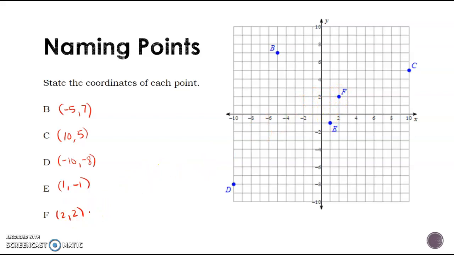And so just remember, your x value comes first. Our x-axis is always the left to right axis, and our y-axis is always the up and down axis. So you want to see how far left or right your point went first, and then where it lines up on the y-axis.